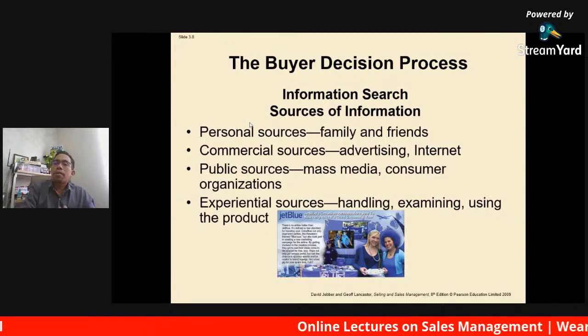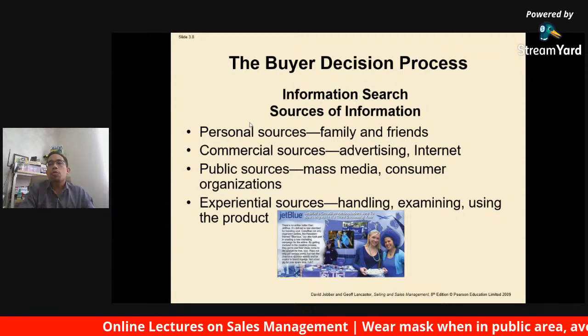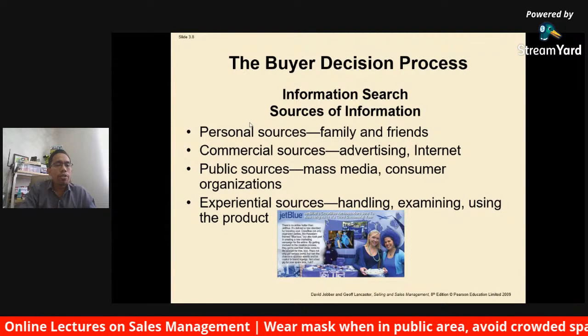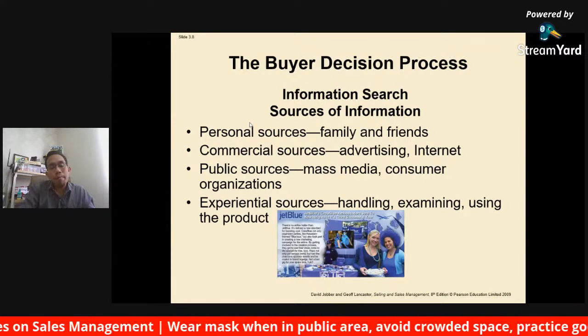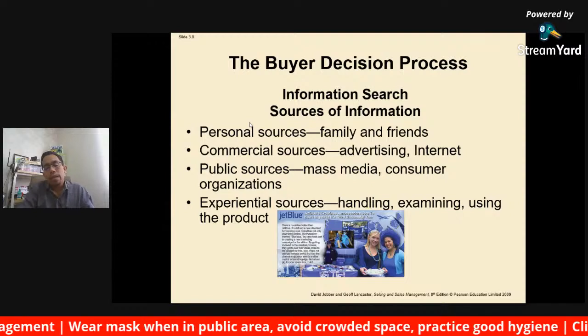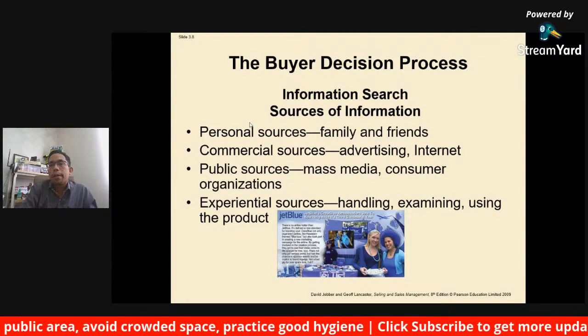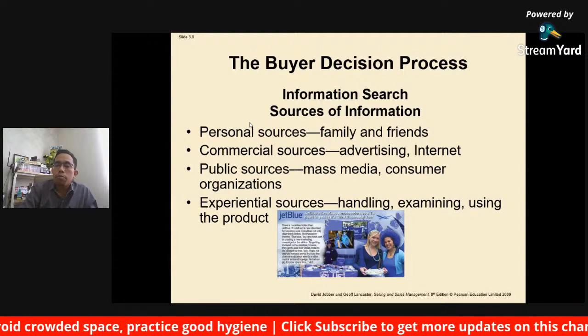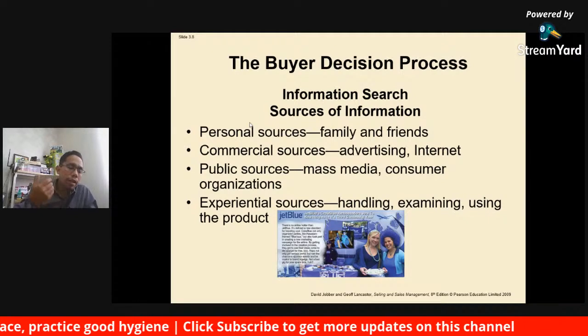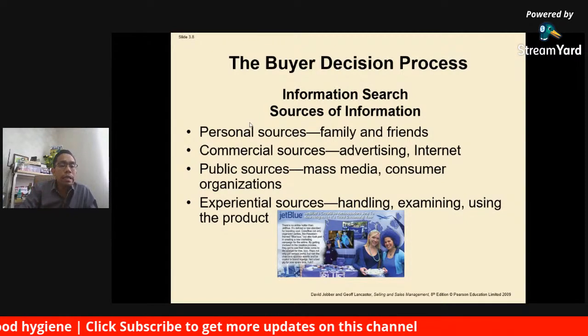After that, the second stage, we go to search for information. We want to confirm what we will buy from the market.